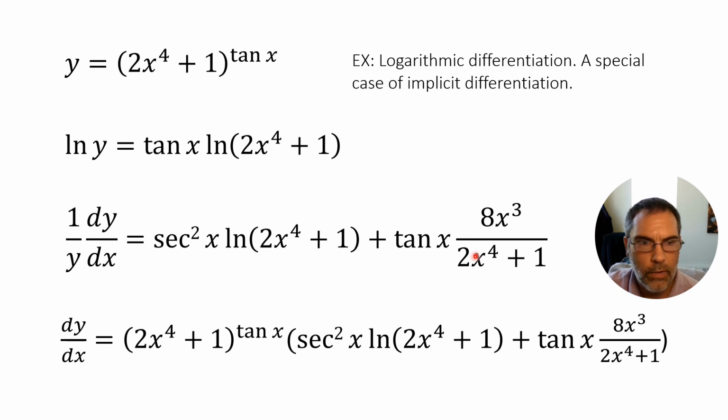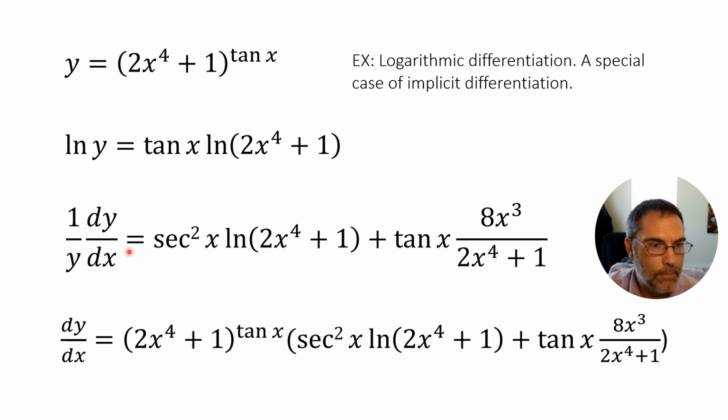So 1 over 2x to the fourth plus 1, that's why there's a 2x to the fourth plus 1 in the denominator. And then what's the derivative of the inside? This is a power relationship here, 2x to the fourth, so bring down the 4, this becomes 8x to the third power, and then derivative of a constant is 0, so we just get 8x cubed. So this is the derivative of the right-hand side of that equation.